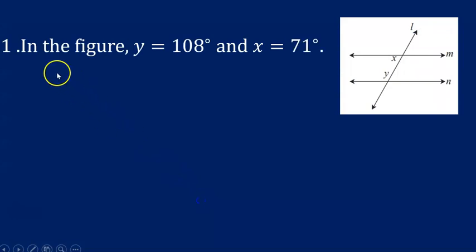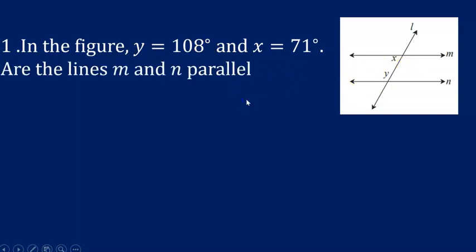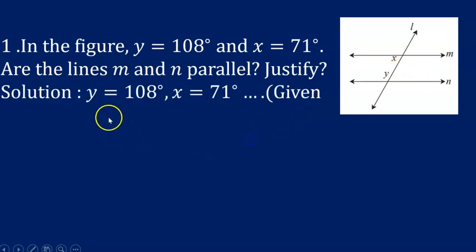First example, in the figure, measure of angle y is equal to 108 degrees, x is equal to 71 degrees. Are the lines M and N parallel? Justify. Now the solution, here y is equal to 108 degrees, x is equal to 71 degrees. This is given.